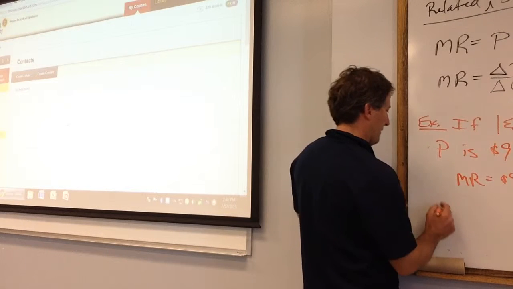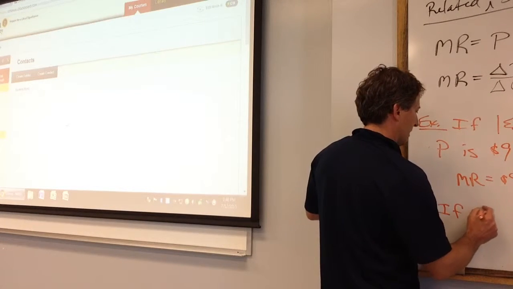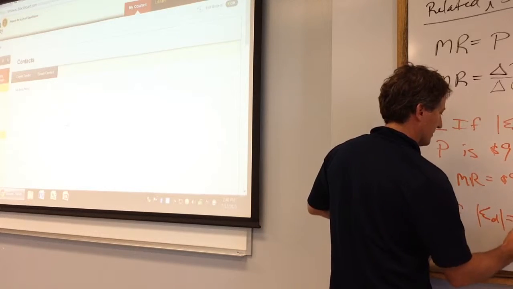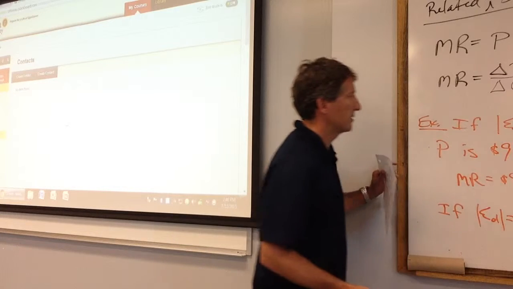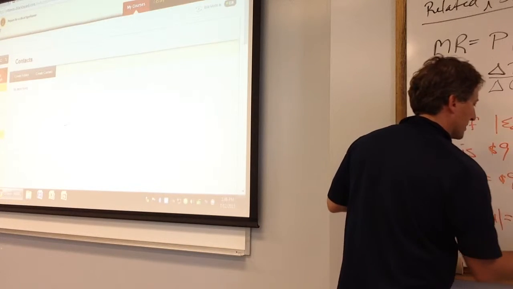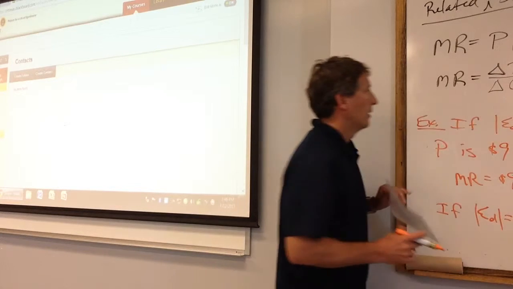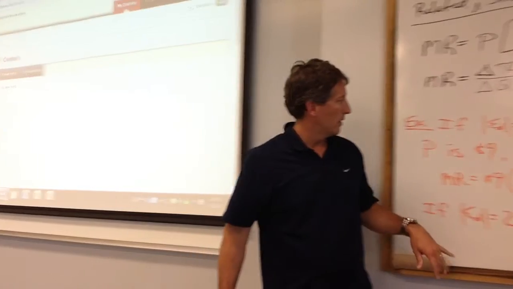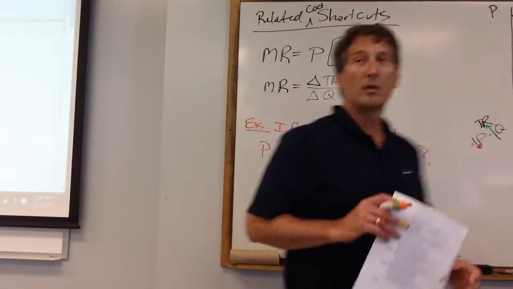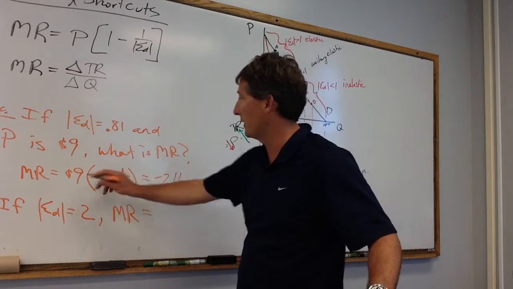So if the elasticity of demand increases for some reason to 2 in absolute value, what is marginal revenue? Given the same starting place with 9. $4.50, right?